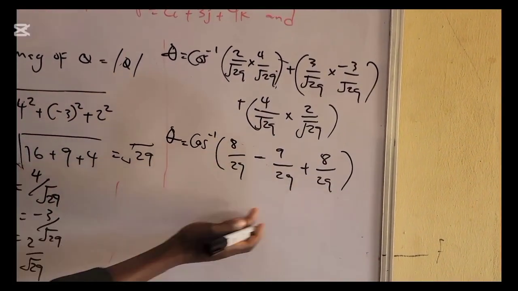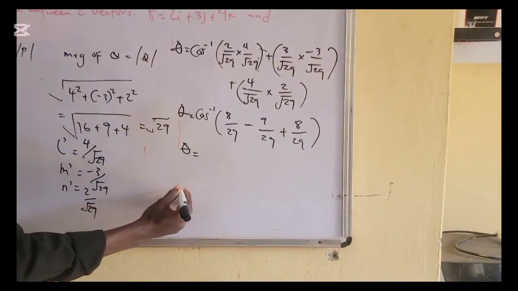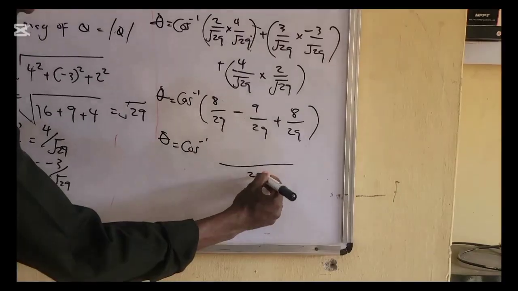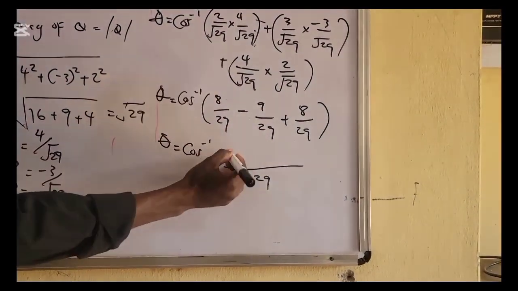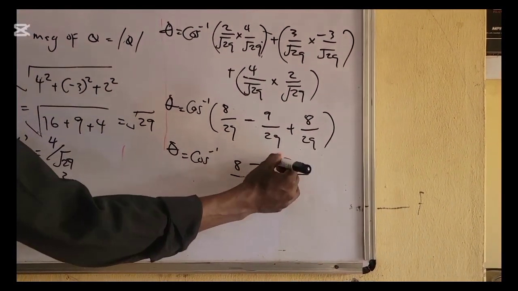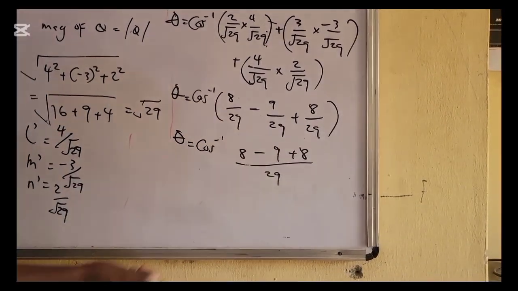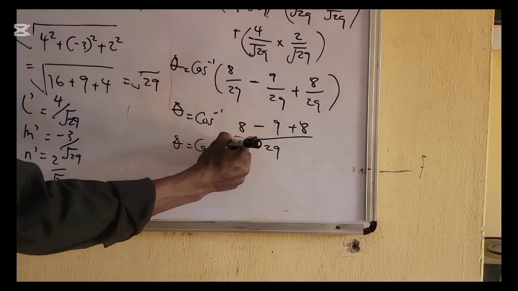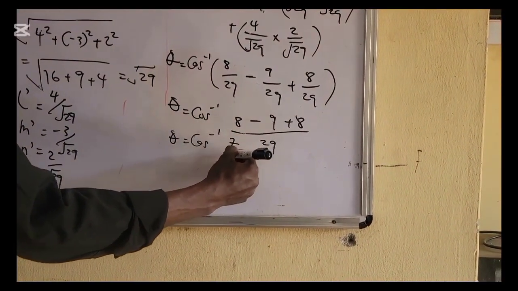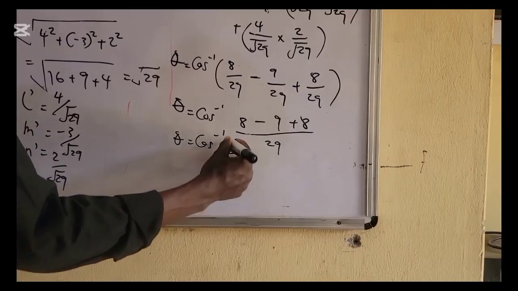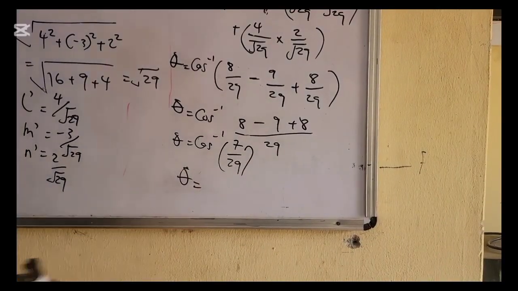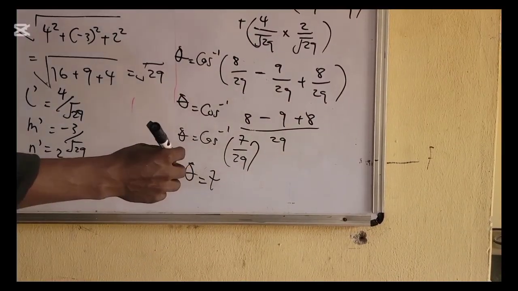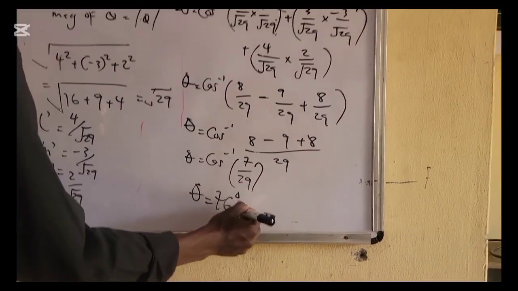Now if we take the LCM, theta equals cos inverse of 8 minus 9 plus 8, which is 7, over 29. So that's cos inverse of 7 over 29. What would that give us? Approximately 76 degrees.